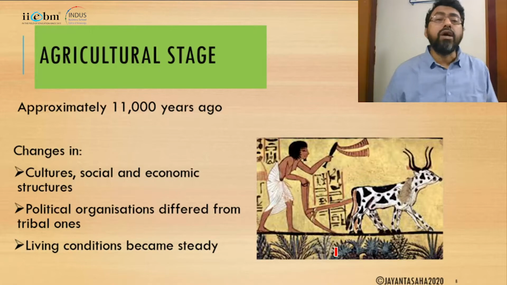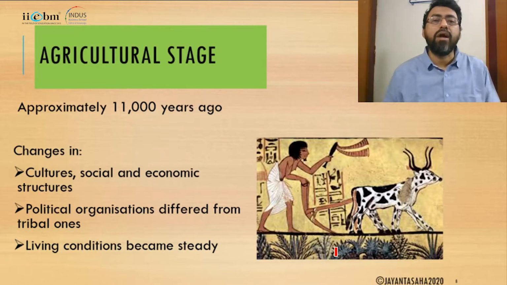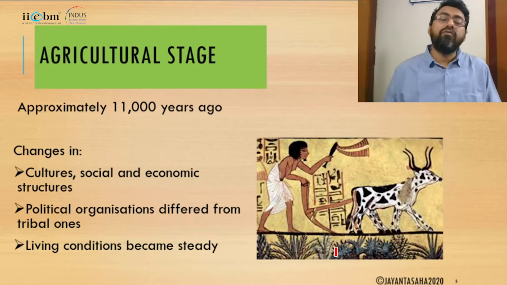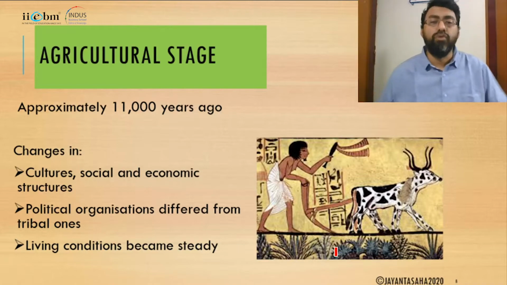On the other hand, once human beings discovered the concept of agriculture, that is, if I plant a seed at a particular place, the crops will grow or it will give me fruit, and from the seed that falls from that fruit, I can again plant that seed in the same land and keep producing food from a particular piece of land, rather than depending on new areas for my food.